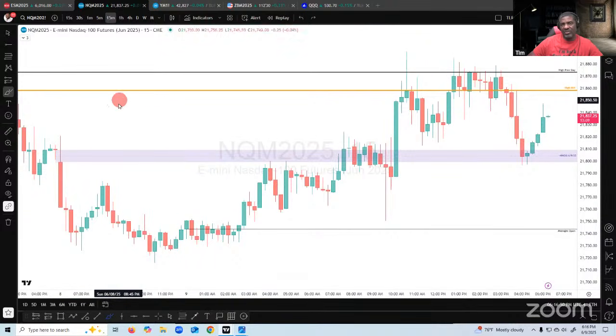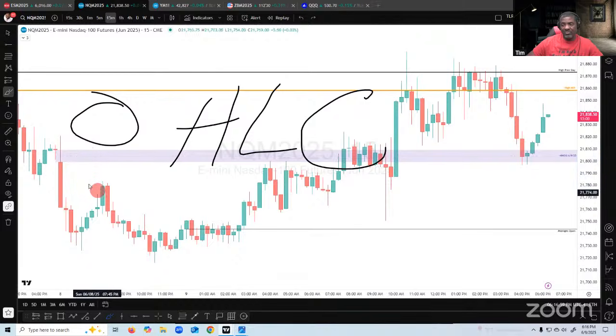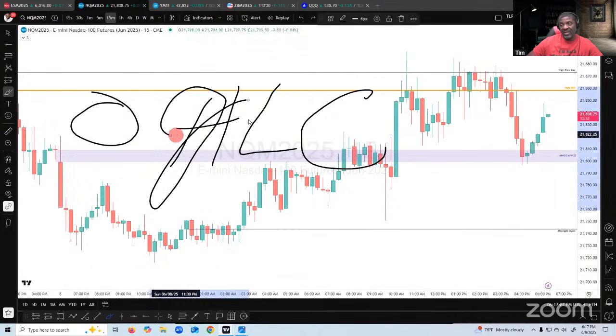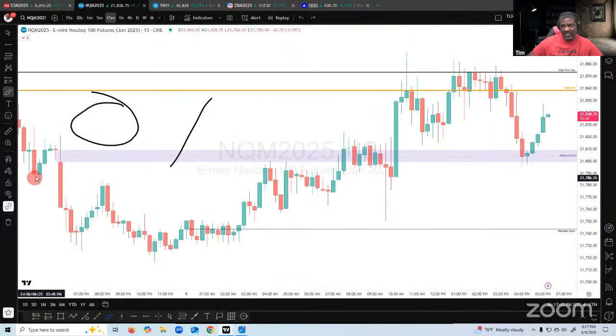Remember the 4 pillars of price action: the open, the high, the low, and the close of every candle, every day, every session, every week, anything with an open, a high, a low, and a close. You want to realize those points.